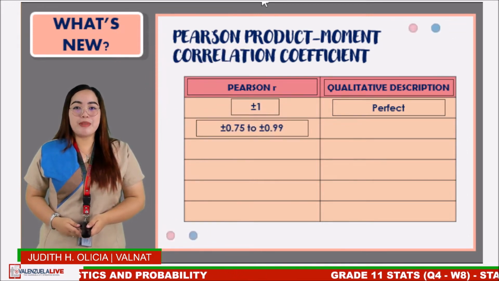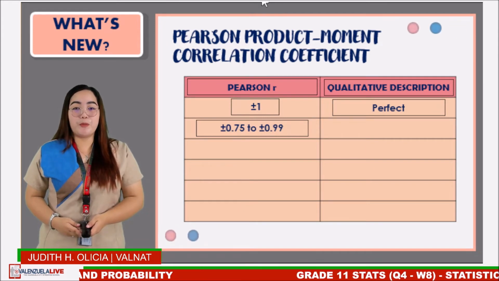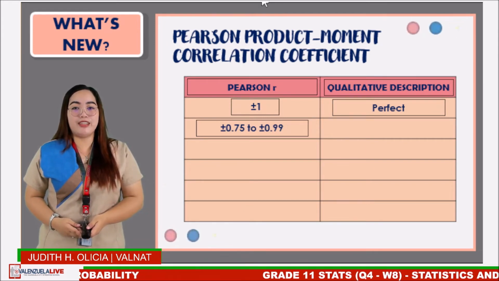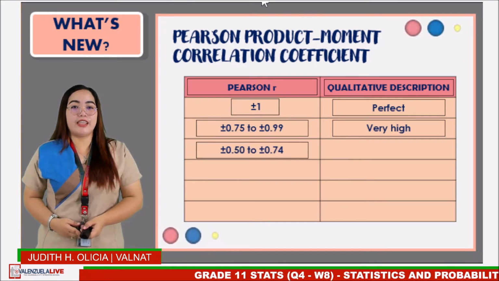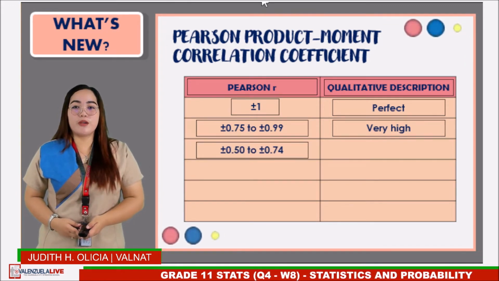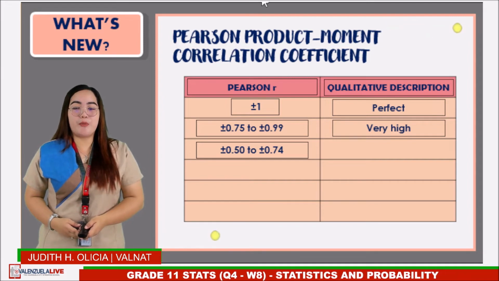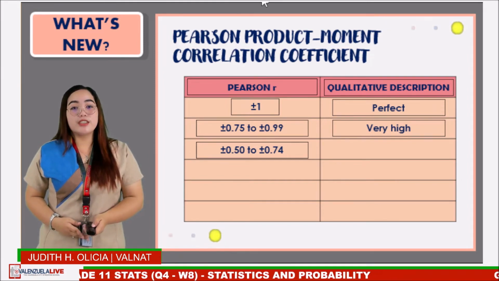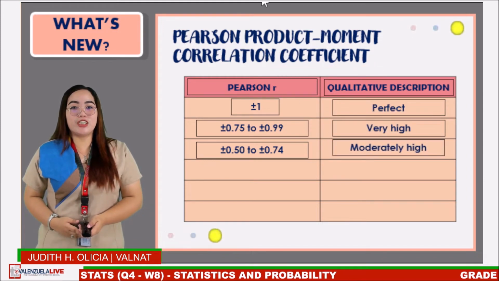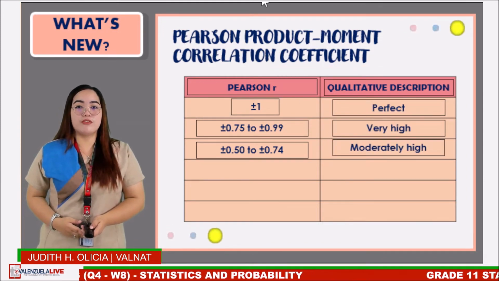For positive and negative 0.75 to positive and negative 0.99, it has a very high correlation. From positive and negative 0.50 to positive and negative 0.74, it has a moderately high correlation.